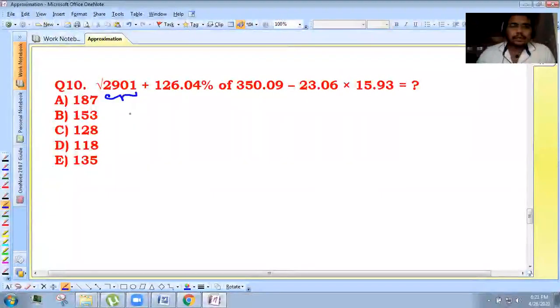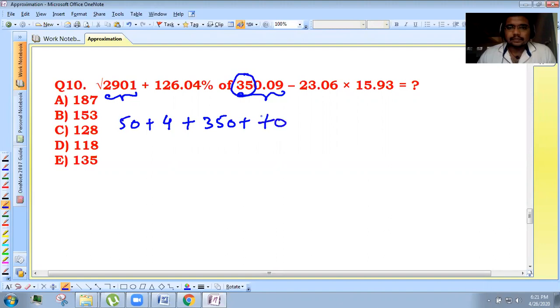So this is 50 square, that is 50 plus 4 extra, that is 400 by 2 times of 50. 100 percentage is 350, 10 percentage is 35. But 20 percentage is 70.